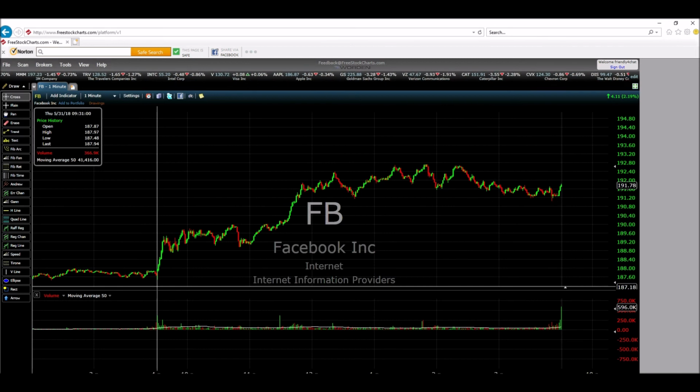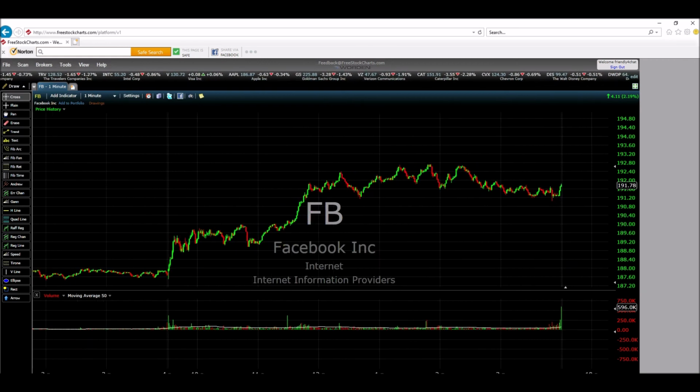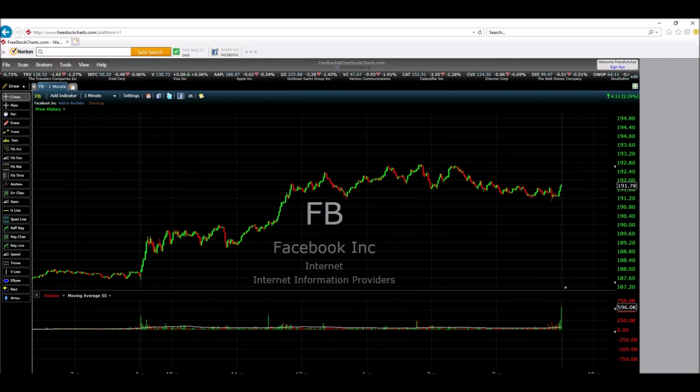Now 1 minute could be very small, and most of the time those who use 1 minute are looking for small trends, and then they can exit.